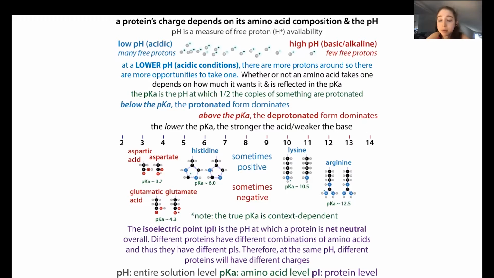So if you have a protein with a high pI, say a pI of 9, and you're working in a solution at pH 7, more of your protein is protonated. Conversely, an acidic protein is typically negatively charged overall.